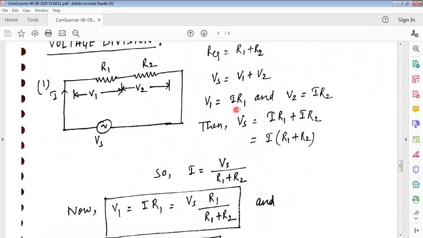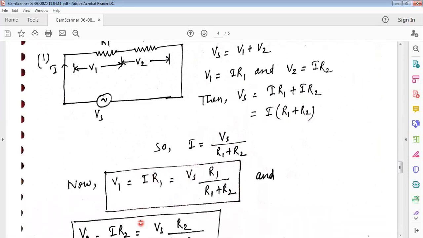Now find V1 and V2. V1 is equal to I into R1. Here you have I, put the value of I here. So I will be Vs divided by R1 plus R2, and multiplied by R1. Clear? So V1 will be I into R1, and in place of I I have written this value. So this is your voltage division rule.